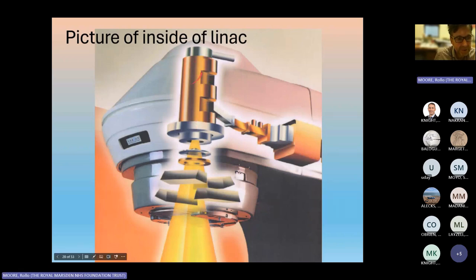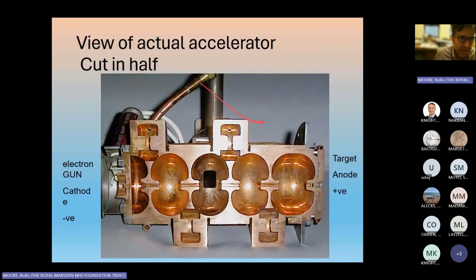This is a kind of translucent view of the linac tube itself and the beam coming out through monitoring systems, and the energy source at the right hand side. This is an actual linac accelerator cut in half. So the low energy end where the electrons are introduced is here. They're injected with a 40 kV potential into the guide, and the guide is filled with radio frequency, like radar, RF, and they're accelerated by virtue of the standing wave induced in these cavities, which are very shiny.